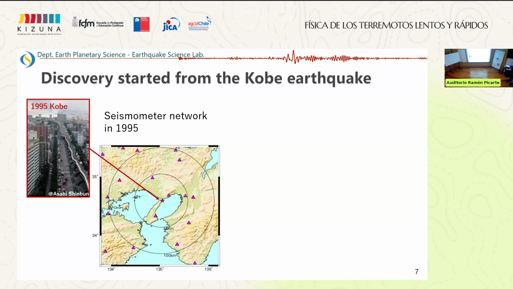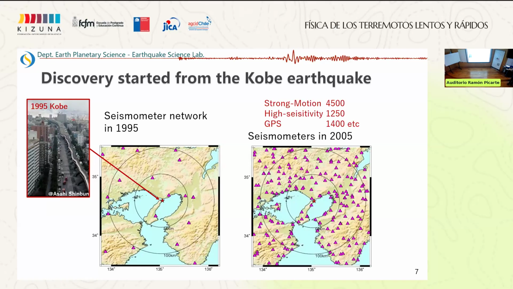So Japanese government understood earthquake research is very important in Japan. So they introduced many stations, and 5 years, 10 years from this time, we had such, it is just a part of seismic station in Japan. This is 1995, this is 2005.